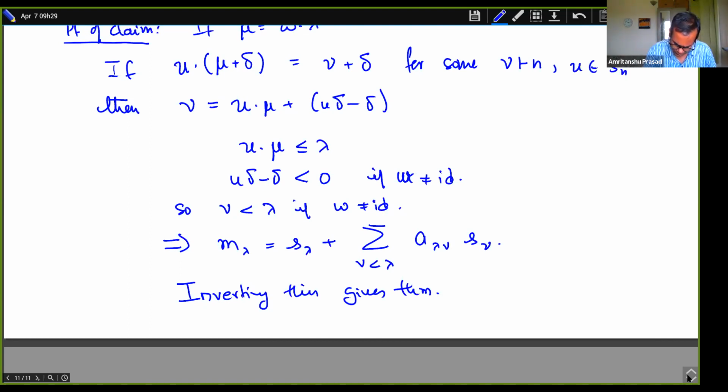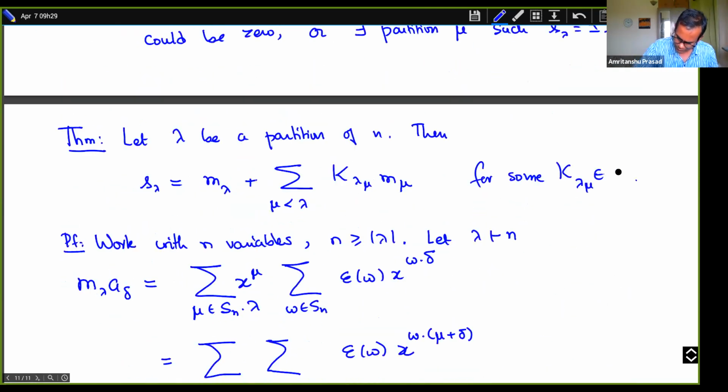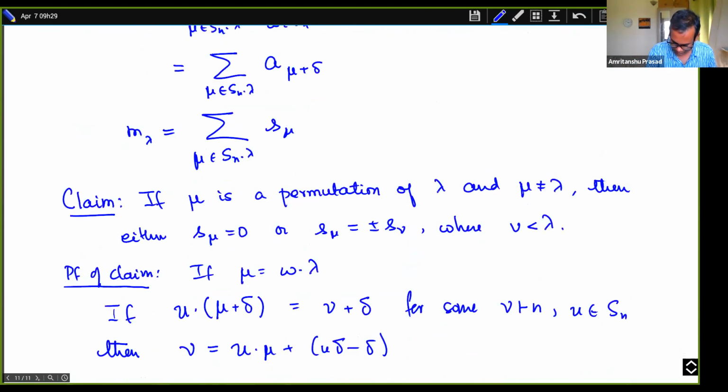I suppose this actually shows that these a lambda nus are integers, and therefore the k lambda nus are also integers, not just rational numbers. But what it doesn't show is that these are non-negative. It turns out that these k lambda mus are non-negative, and they are what are called Kostka numbers, which we will see at some point later in this workshop.